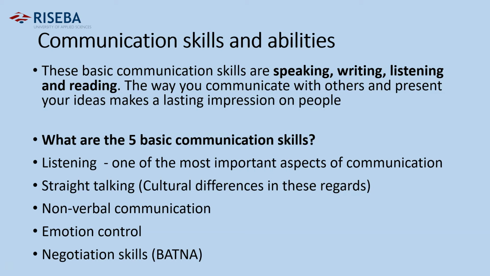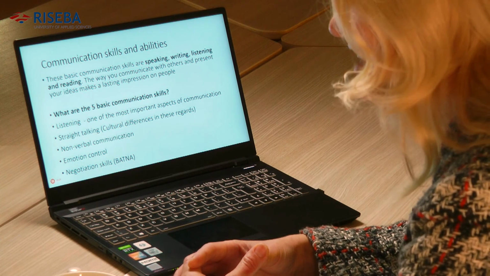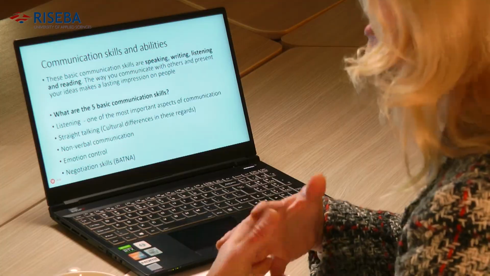BATNA stands for Best Alternative to a Negotiated Agreement. So we have a negotiation with another partner, and what is our best approach? If we know our best approach, our strong sides, our weak sides, we can predict the reaction of other people, and also, reading the signs of other people, their reaction, build more constructive and effective communication.